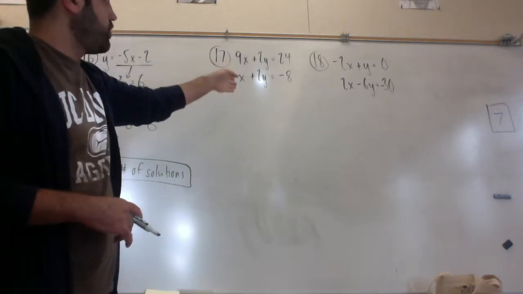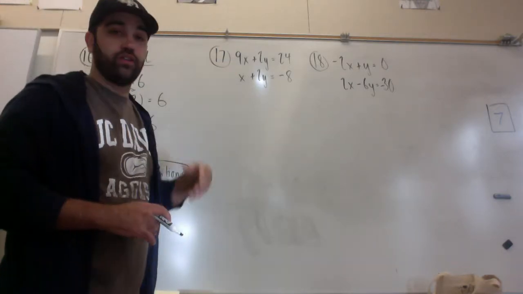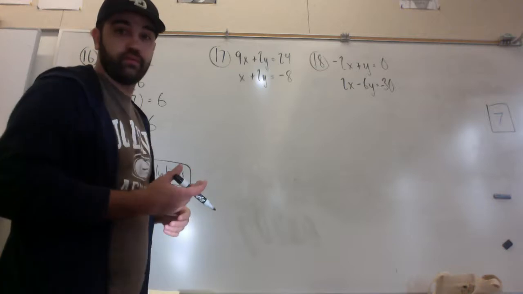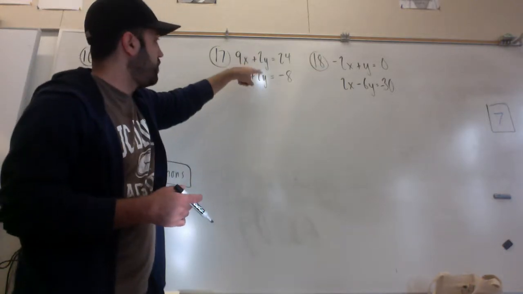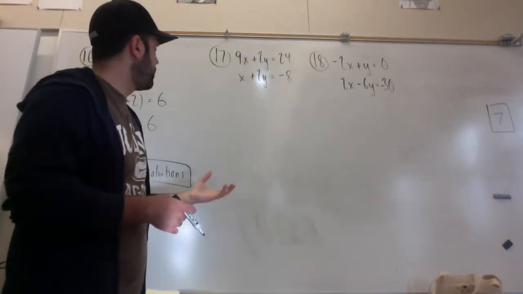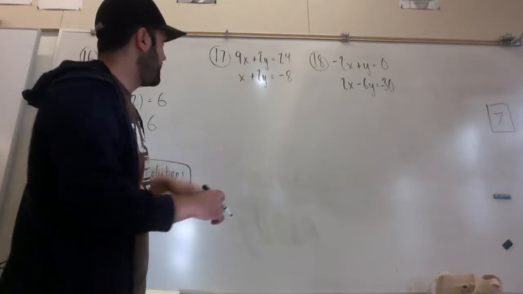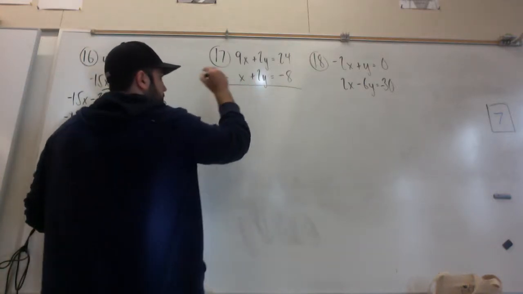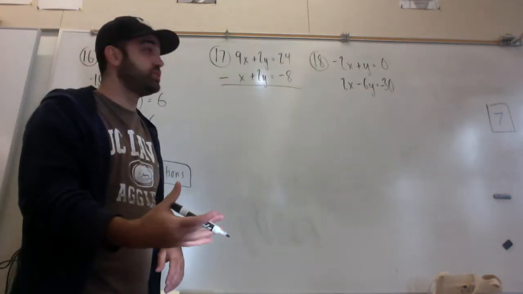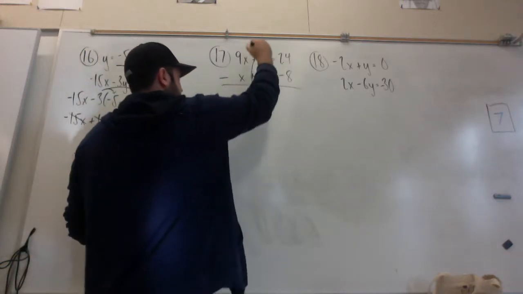So then you see, are there any x's or y's that are either the same or opposites? Right. So right here, I've got 2y and 2y. Those are the same. So to eliminate the y's, I'm going to use subtraction because 2y minus 2y makes 0.